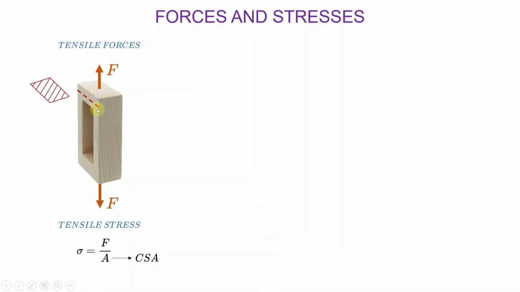If we cut through this object where the line is, and we get rid of the top part and we look at the area that is revealed, you will see that the area is actually a rectangle. Okay, so the area of this rectangle is the cross-section area of this object where that line is.